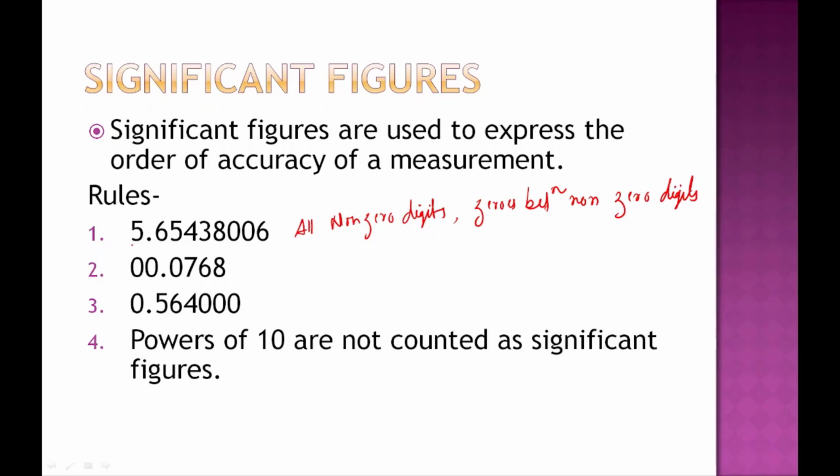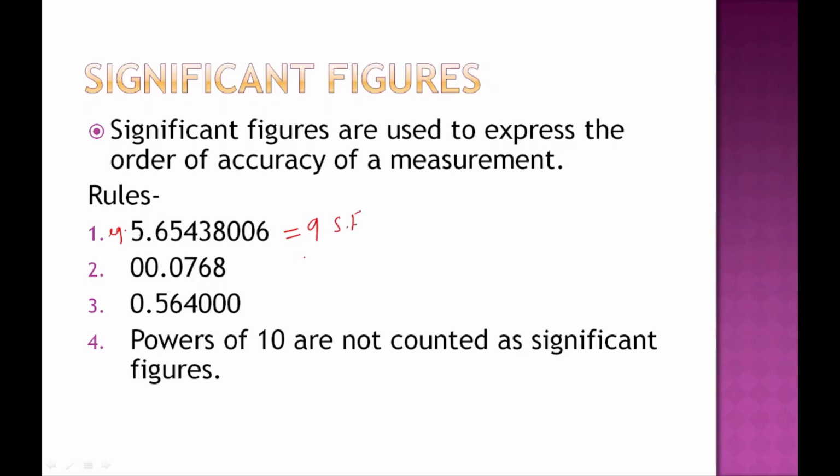As you can see in this example in number 1, there are non-zero digits, and these two zeros are between two non-zero digits, that means 8 and 6. So how many significant figures does this example have? 1, 2, 3, 4, 5, 6, 7, 8, 9. There are a total of 9 significant figures here.